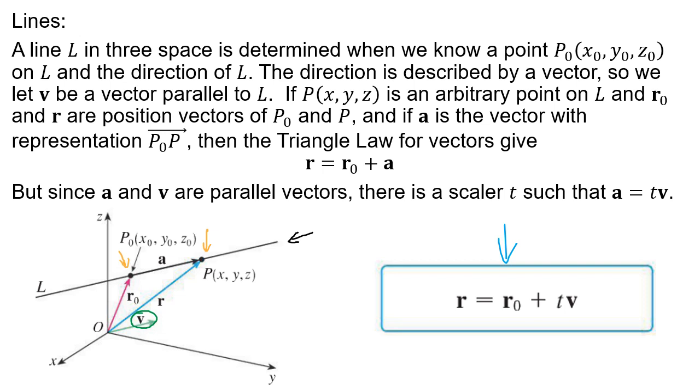Since v is parallel to it, if we connect the points together, we'll have a vector that is parallel as well. So we can use the a with the v, since v and a are just parallel vectors. One's a multiple of the other, and that's why we can multiply by t. Hopefully that makes a little bit of sense. But we have to find this r naught and this vector v, and then we can write the equation of a line.